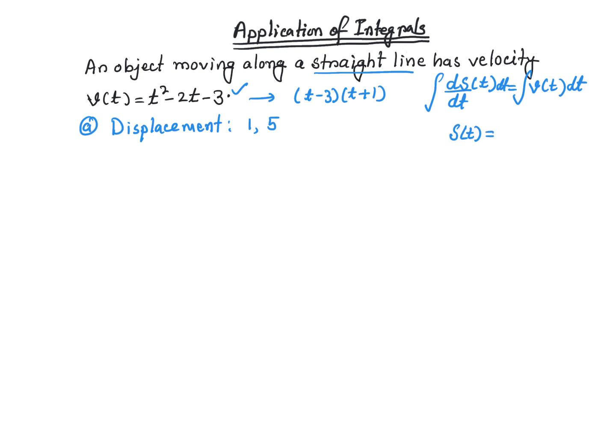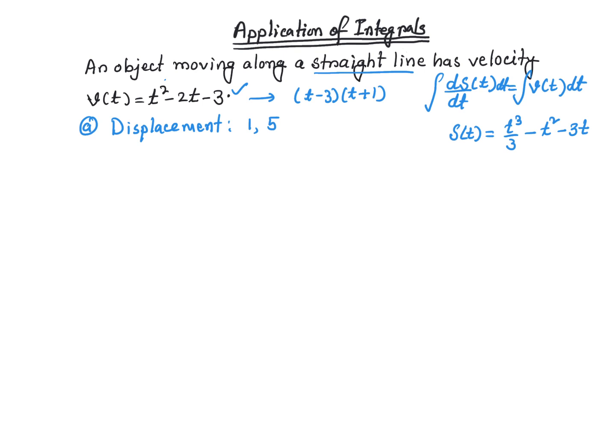If we take the integral of t squared, that's going to give me t cubed over 3, minus the integral of 2t, which is just t squared because it's 2 times t squared over 2, so that cancels out. And then the integral of negative 3 is just negative 3t. So that's the position function.